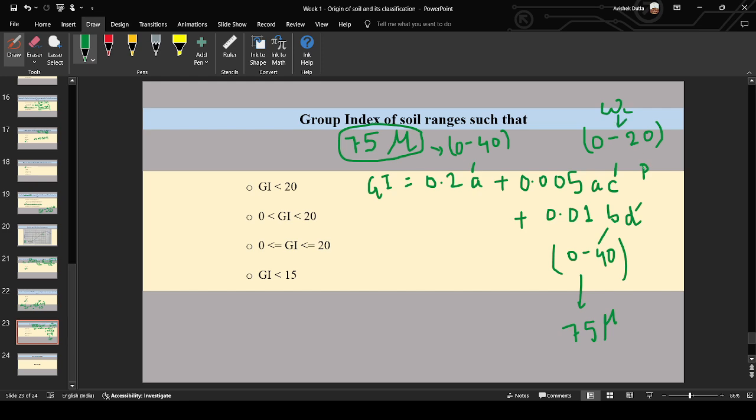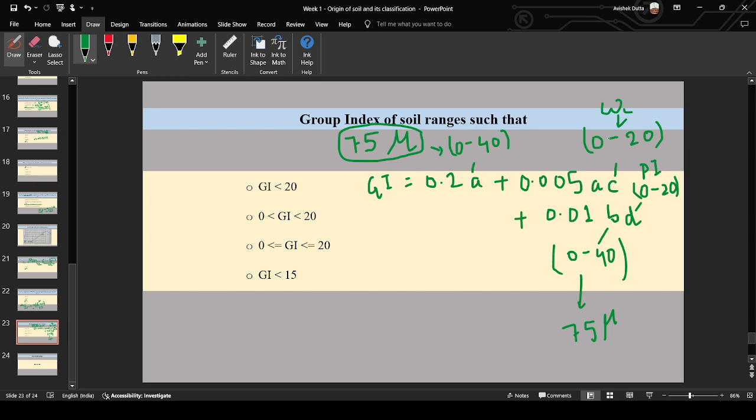D is that fraction of plasticity index that falls between 10 and 30. If it is 10, the value will be 10 minus 10, 0. If it is 30, it will be 30 minus 10, 20. So again, D has a range of 0 to 20.